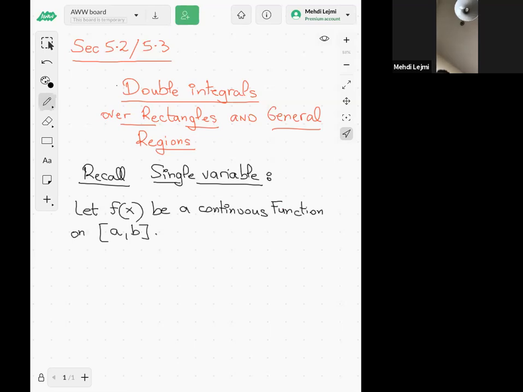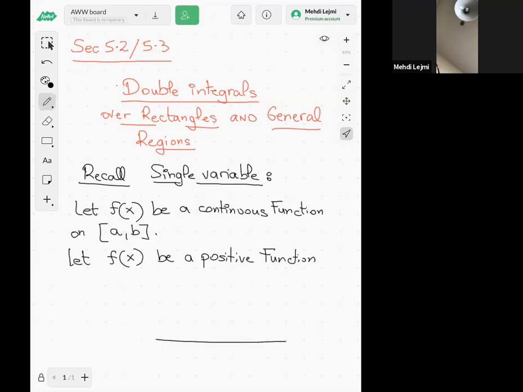And for the moment, let's suppose that this function f is positive. It's not, of course, a requirement, but we'll see what happens when the function f is not necessarily positive. So let f of x be positive.